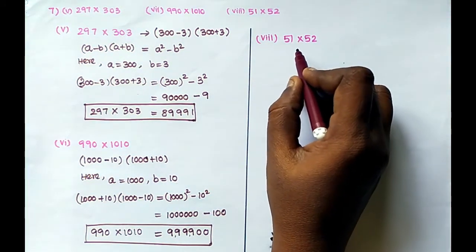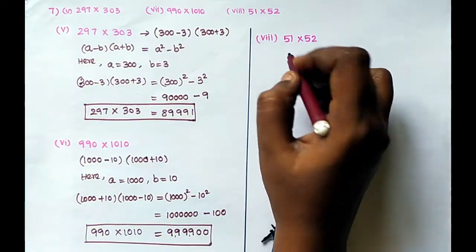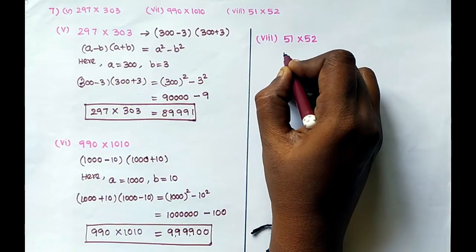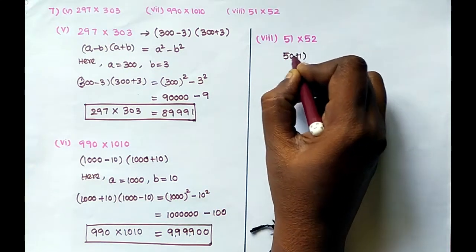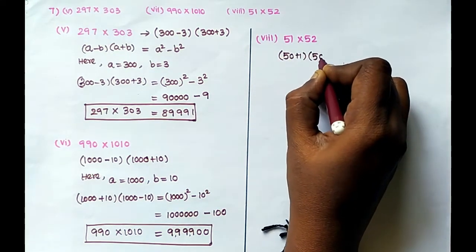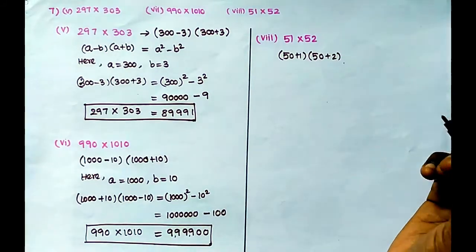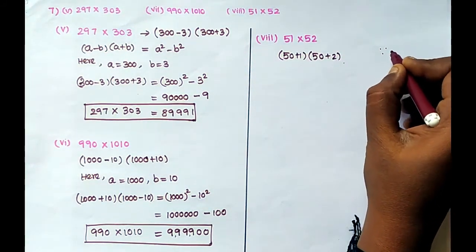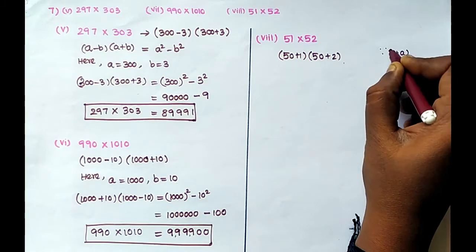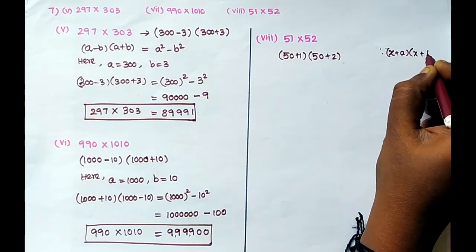Next sum: 51 into 52. That is 50 plus 1 into 50 plus 2. It is in the format x plus a into x plus b.